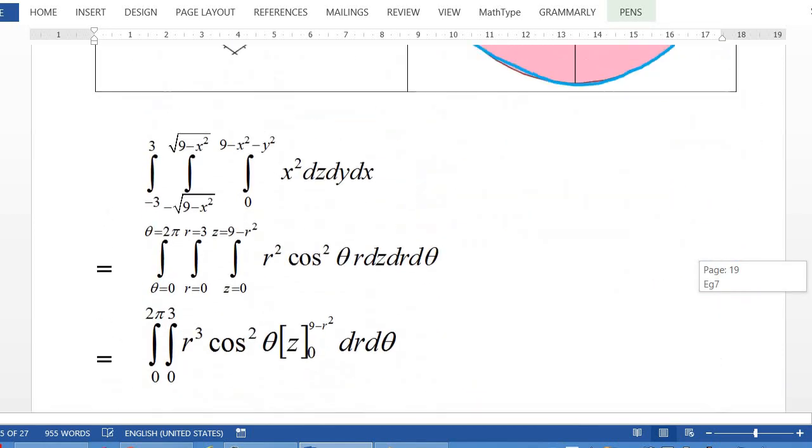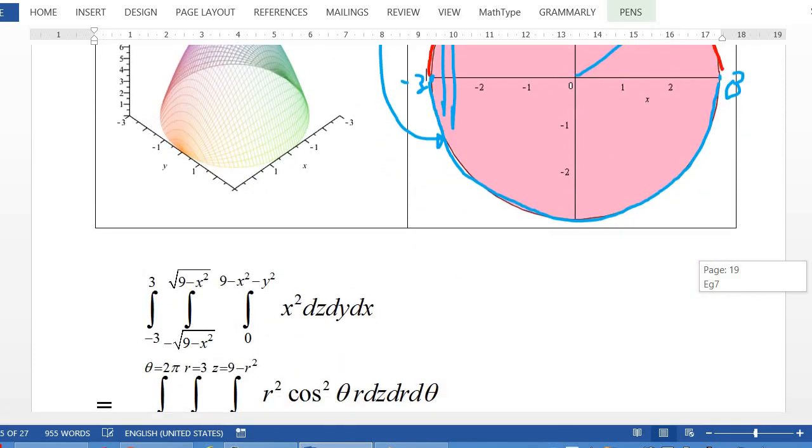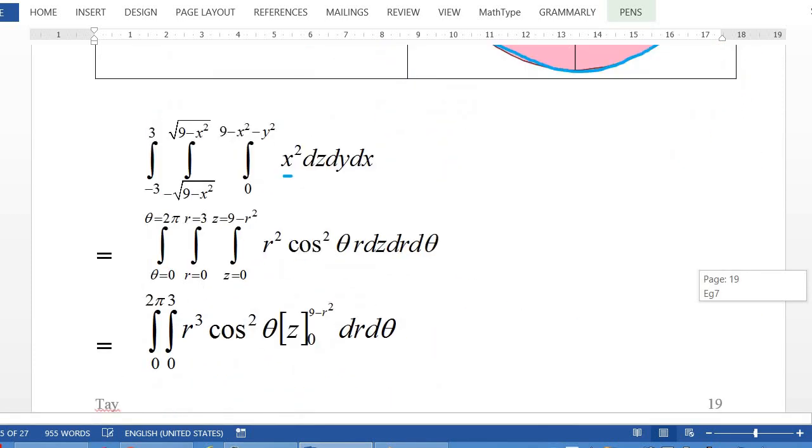squared. Hence, the integrand is x squared, so x changes to r cos theta. So x squared is r squared cos squared theta. So dz dy dx, using polar coordinates, becomes dz r dr d theta.